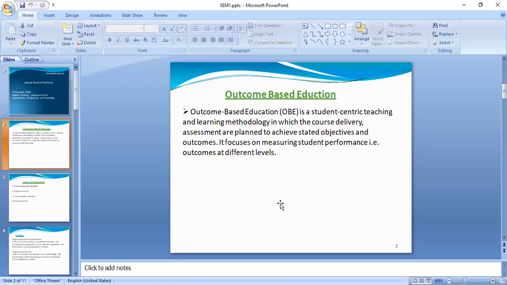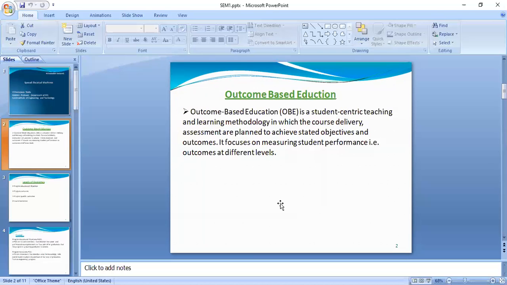So every semester, every level, we measure student performance. That is called the students' outcomes at different levels. This is outcome based education. The main motto of outcome based education is that at the end of the program, the student should go out with an opportunity.